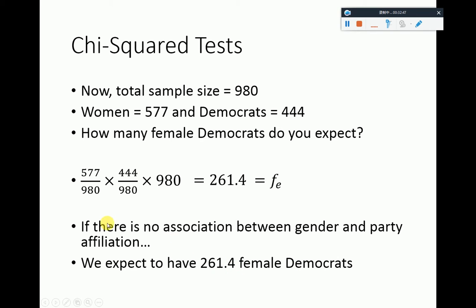I repeat, if gender and party affiliation are not systematically related to each other, that is, you cannot predict a person's party affiliation from that person's gender, then we can expect there will be 261.4 female Democrats in the sample. That's our expected frequency for female Democrats.